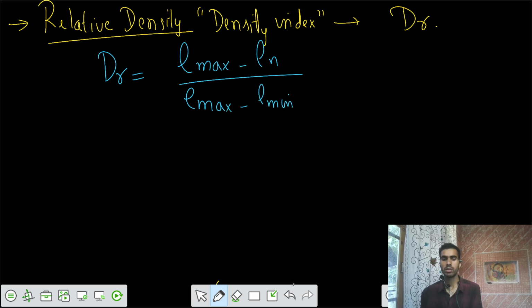So this is the ratio of the difference of void ratios in the max condition and in the natural condition, divided by e max minus e min.